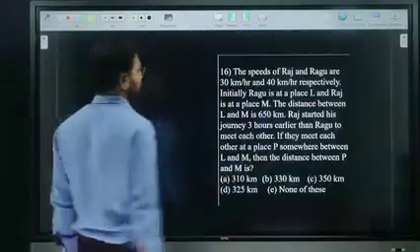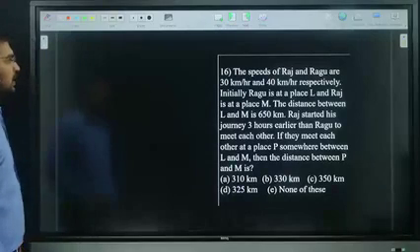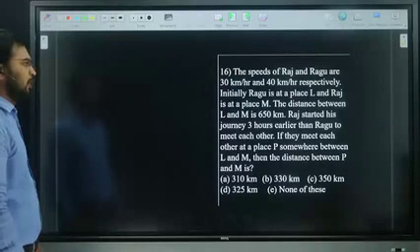Next question. The speeds of Raj and Raghu are 30 km per hour and 40 km per hour respectively.